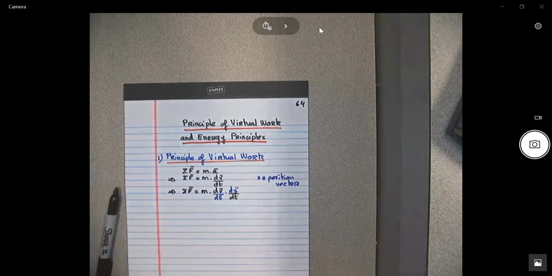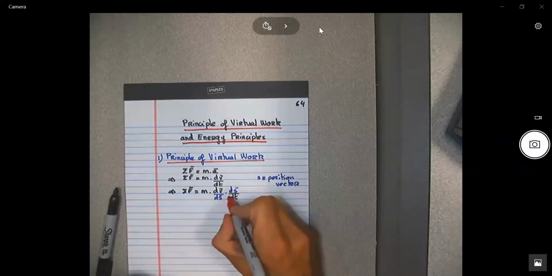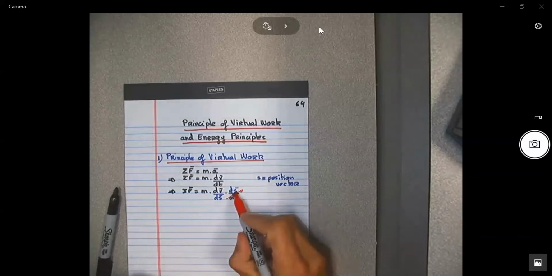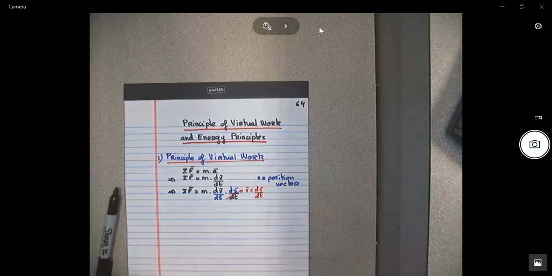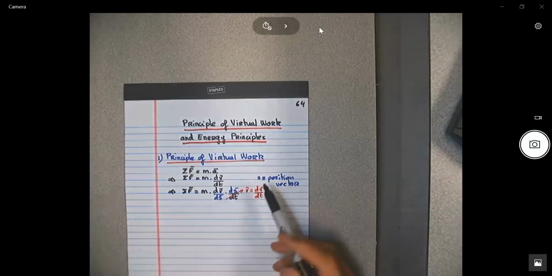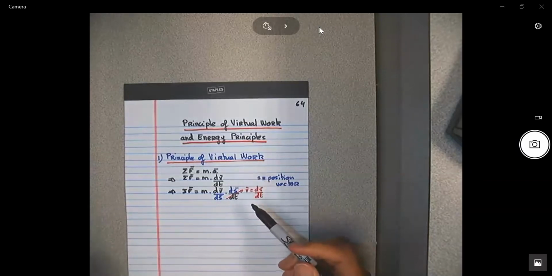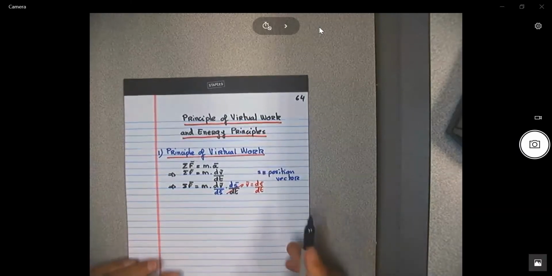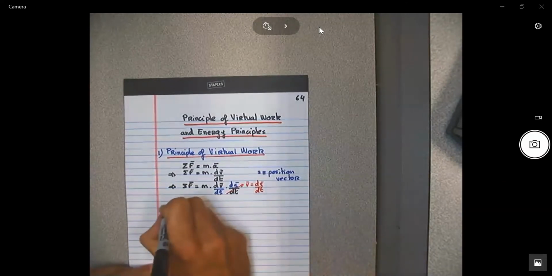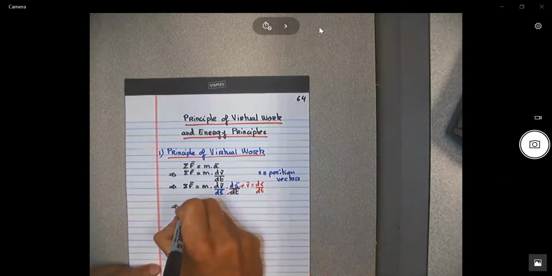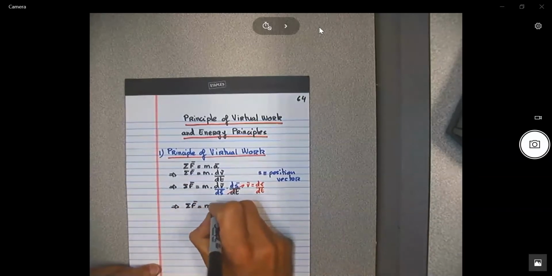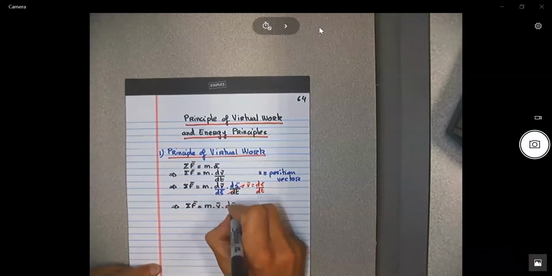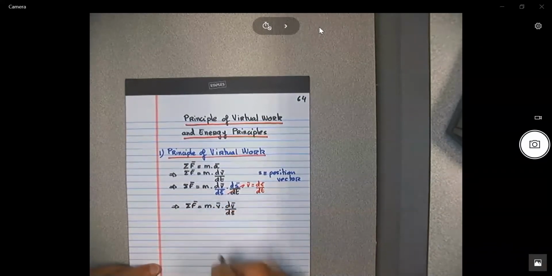So now, what is the physical meaning of distance divided by time? That is the velocity. Okay? So this is just a derivation of what is known as the principle of work and energy that you do in dynamics. So over here, this is equivalent to summation of forces equal to m v dv/ds.